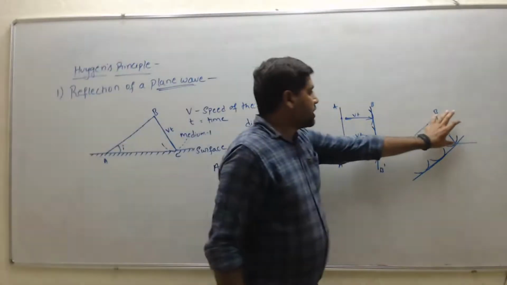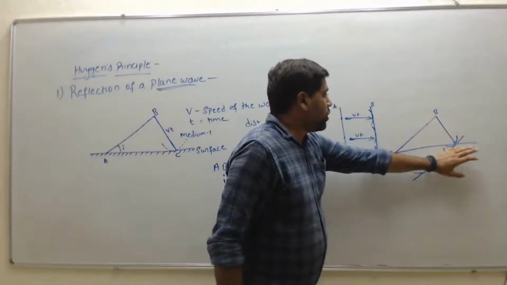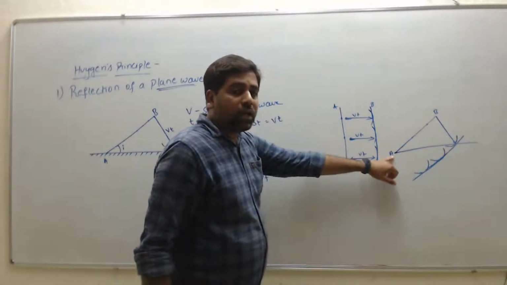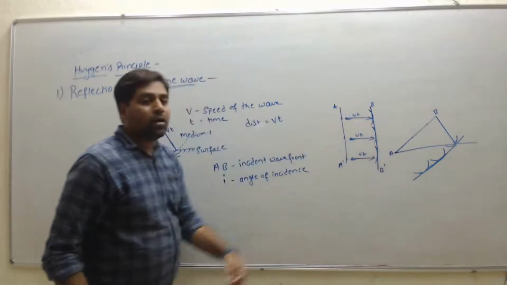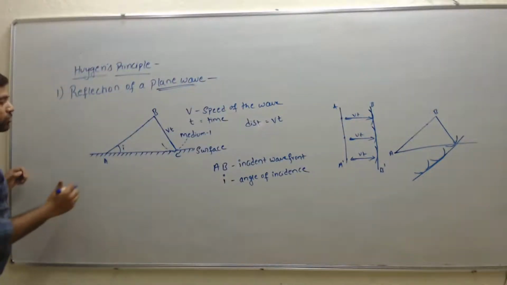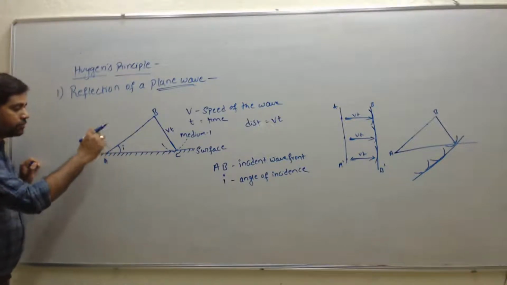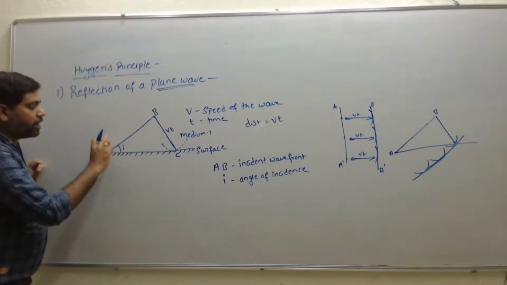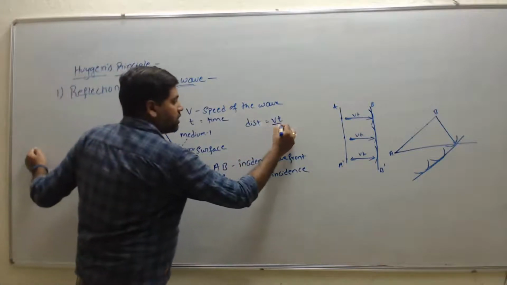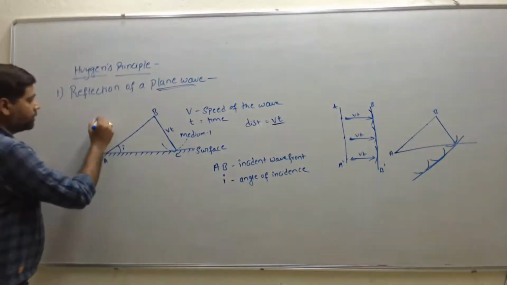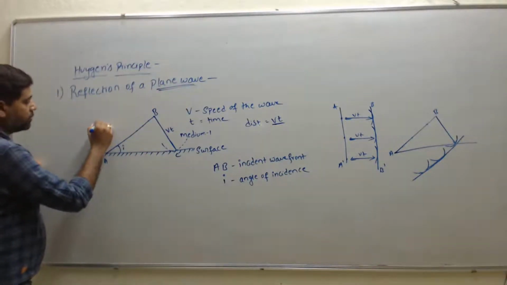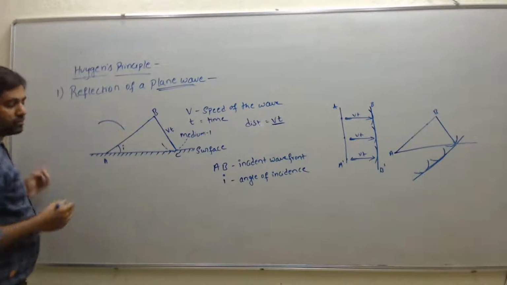That is, the distance traveled by the B point is the same as that of the A point, but in the opposite direction. So if I draw from the A point a sphere of radius Vt, I will get a sphere like this.